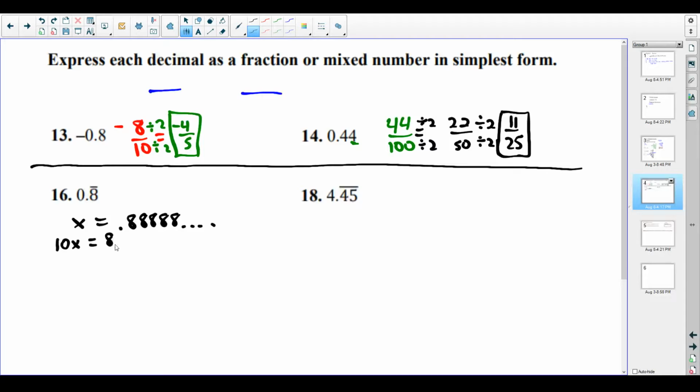So I end up with 8.88888, and it goes on forever. Okay? The reason we do this, it's another part of algebra you haven't learned yet, but here you go. If you have two equations in the same problem existing at the same time, you can add or subtract them. Okay? And so I'm actually going to switch my order around here.